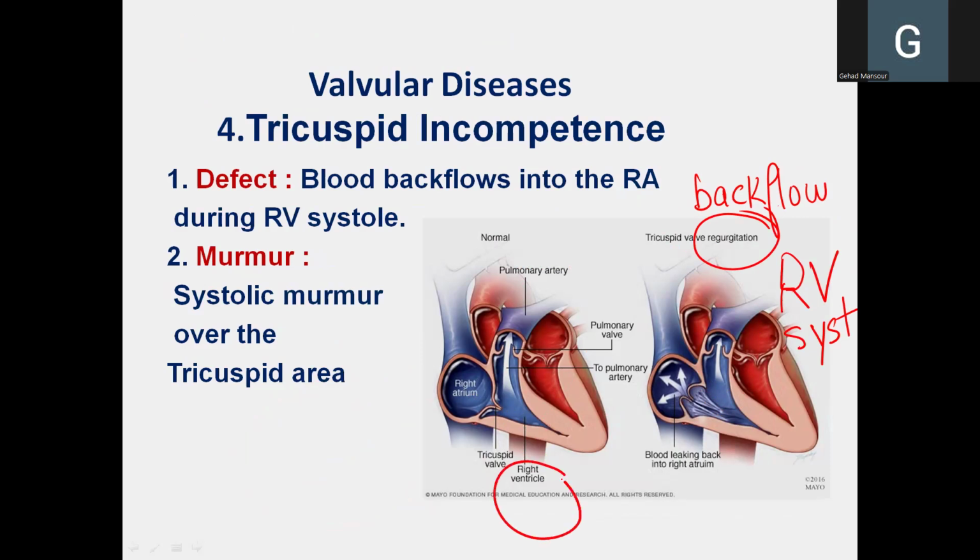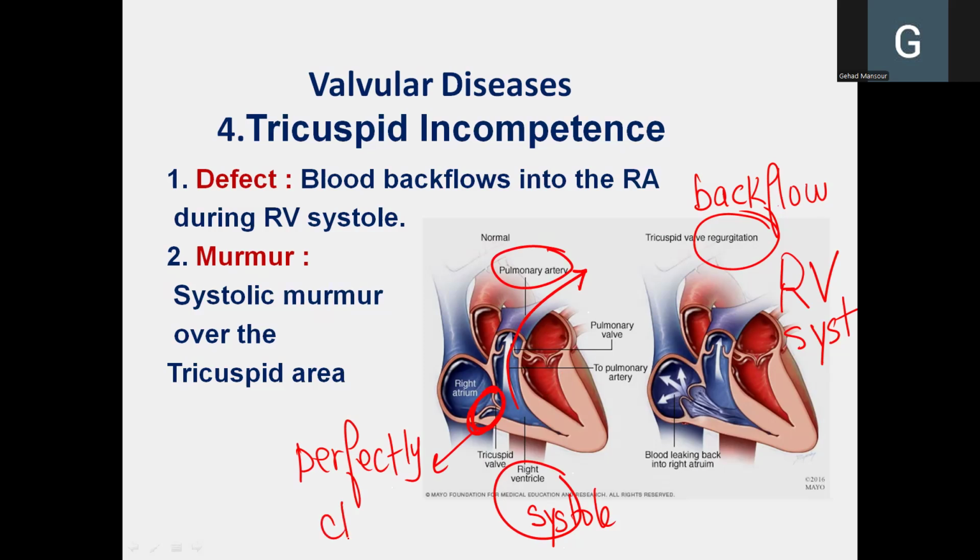Look here, this is the right ventricle, and the right ventricle is pumping blood into the pulmonary artery. This means that the right ventricle is in systole, and that's why the tricuspid valve should be perfectly closed, and that's why we say that this is the normal condition. Why is the right ventricle so narrow? Because it's contracting, so it's pressurizing the blood inside and the volume is decreasing.